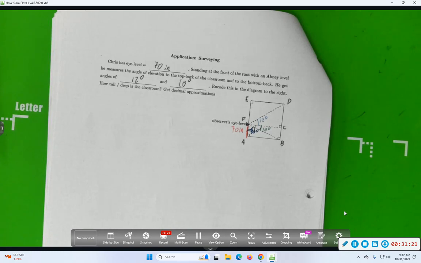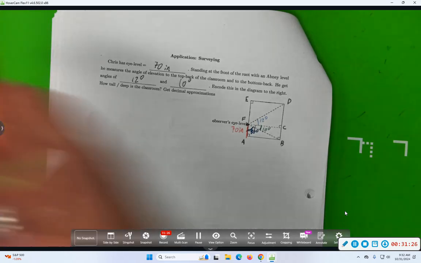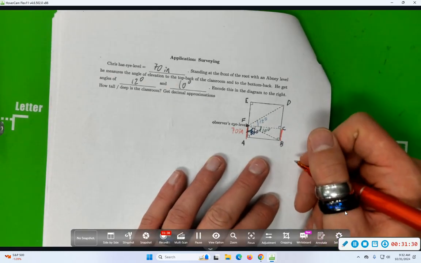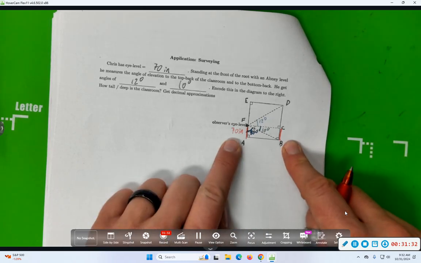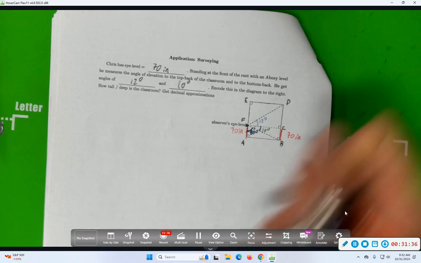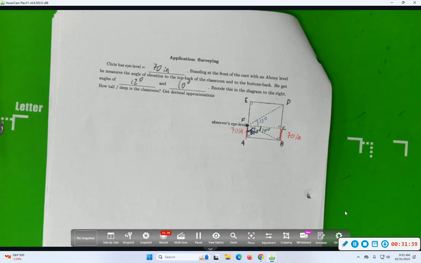What side length are you thinking of? CB. What should the side length CB be? 70. It's opposite 70, and that's a rectangle. I guess there's a built-in assumption here. I'm assuming that that opposite wall is actually a vertical wall.